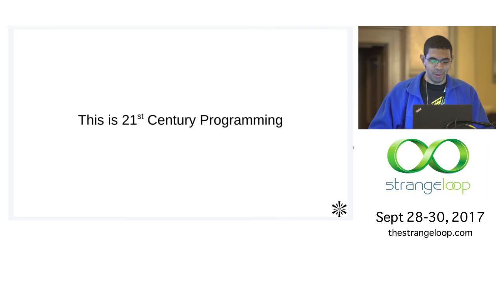Now, I want to stress that this is 21st century programming. For far too long, programmers have been at the mercy of language designers. For far too long, self-styled gurus and experts from the internet have been telling you how to write your code. People who have never taken a look at your code bases or solved your problems are telling you how to do your job.